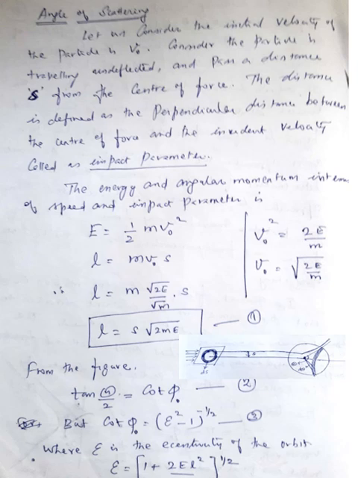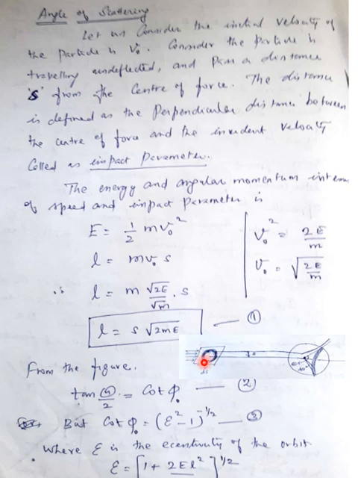A particle coming from this area is undeflected and passes by. What this image represents is the cross-sectional area. When a particle hits another particle, scattering takes place, and the scattering area will be like this. Consider a particle traveling undeflected and passing at a distance s from the center of the force.